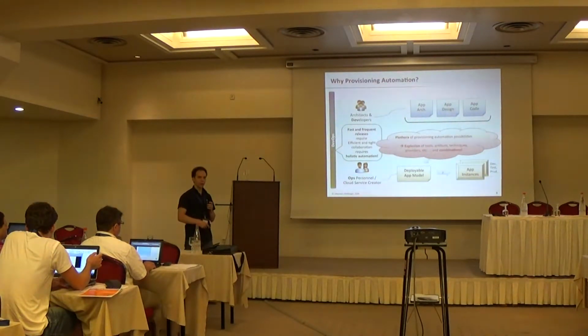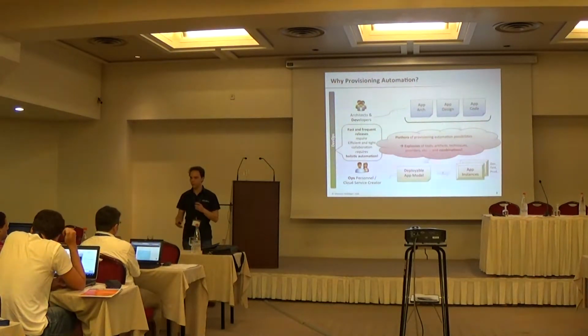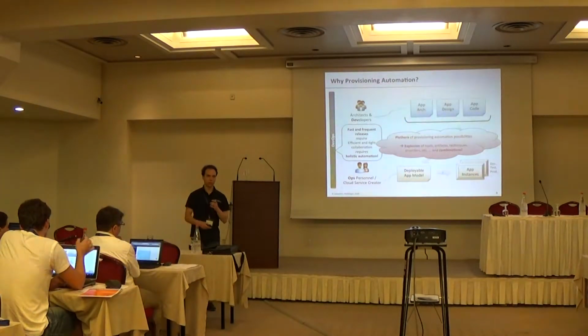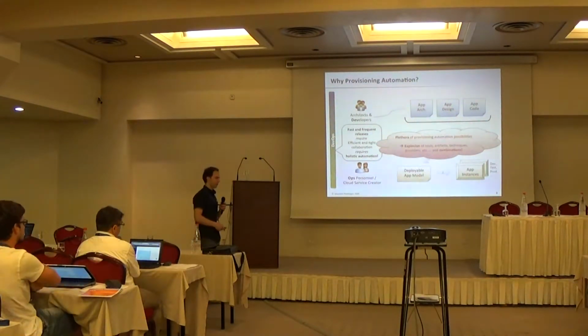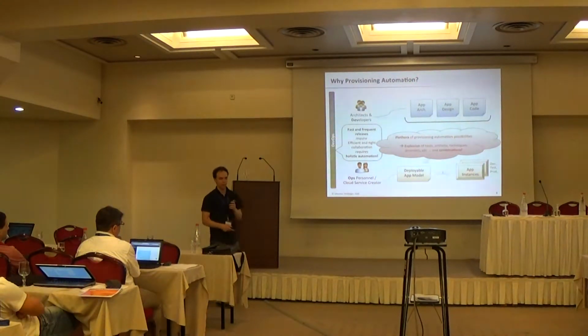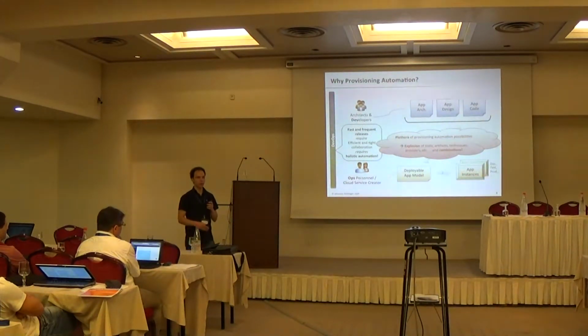So if you have a look, there are Chef, Puppet, for example, to do configuration management. You have a set of libraries that you can use to automate provisioning tasks, to speak to different cloud provider APIs and stuff like that. You have different modeling techniques, for example, Amazon CloudFormation, TOSCA, HOT, and stuff like that.